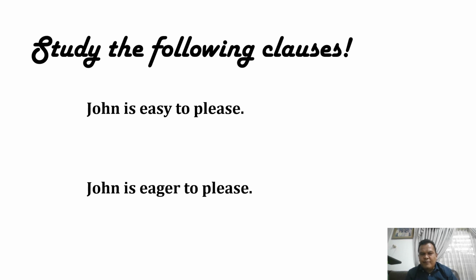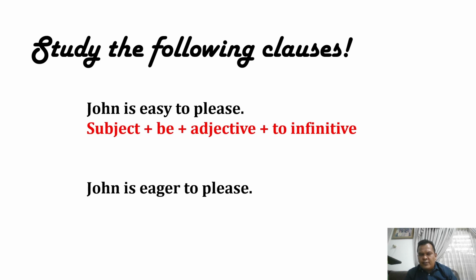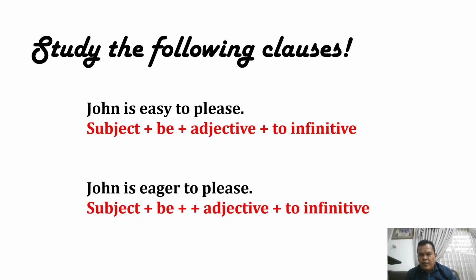And you see that these two clauses are constructed based on the same structure. The first sentence is composed of subject plus be plus adjective plus to-infinitive, and the second clause is also composed of subject plus be plus adjective plus to-infinitive.